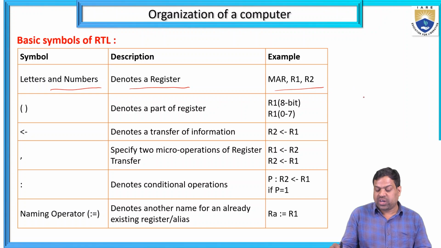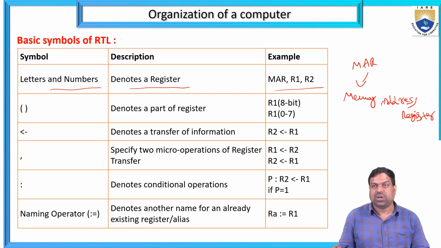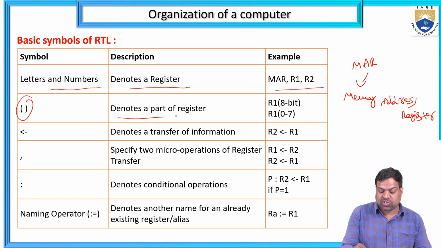Example, MAR, memory address register, R1, R2. And the bracket symbol denotes part of a register. Means R1 equal to 8-bit, R1 of 0 to 7, the bracket denotes the register.